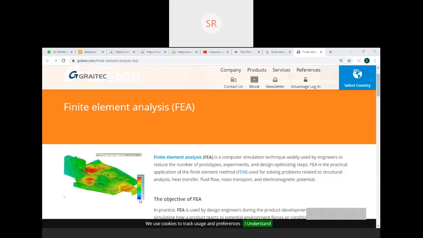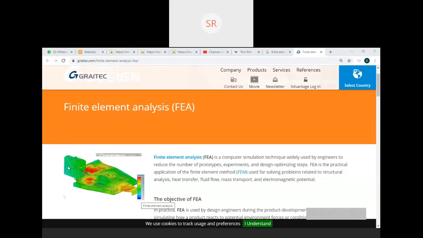Here there's a map, and you can see an indication by color. Blue indicates low stress and red indicates high stress. So after making the model, after dividing the structure into small elements, and applying the force on this material and analyzing it, I'll get a graph in terms of color saying that blue is the low stress area, red is the high stress area, and green is medium.